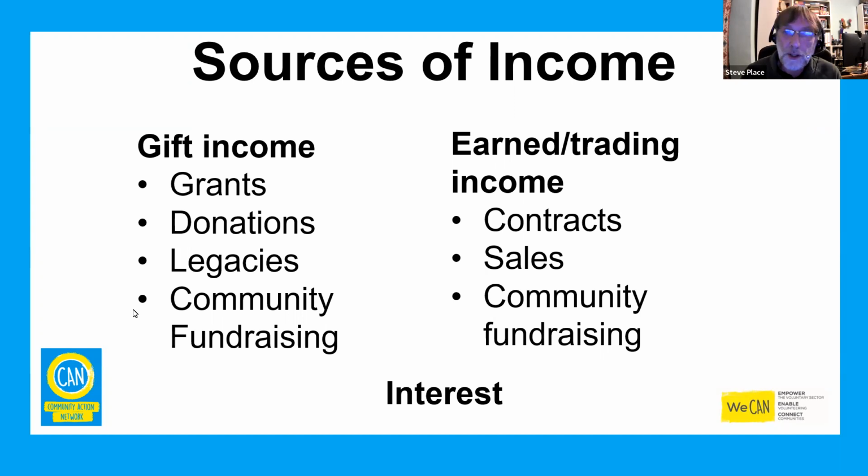As charity trustees, part of your role is to ask questions about diversifying your income. If you've only got one form of income and only one supplier of that income, you are at real risk. If you rely on one person or organization giving you all your money, and they decide not to any longer, then all your income is turned off.